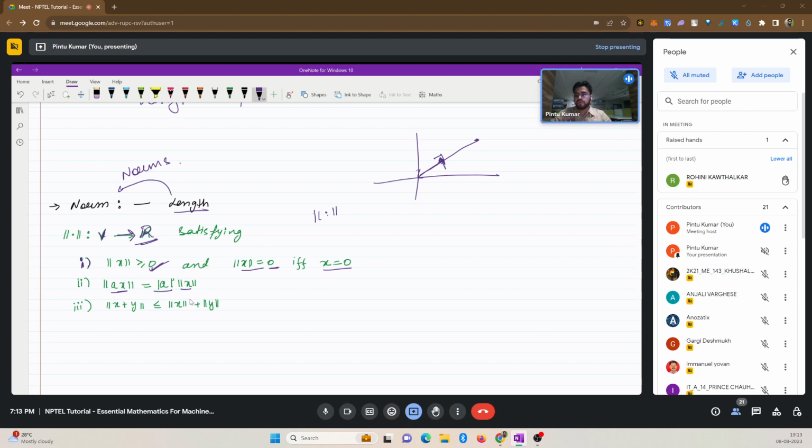Why is there a mod over here? If you scaled it in the opposite direction by 2, its length is still 2 times the original. That's why the mod comes into the picture. And the third property is the triangle inequality again.